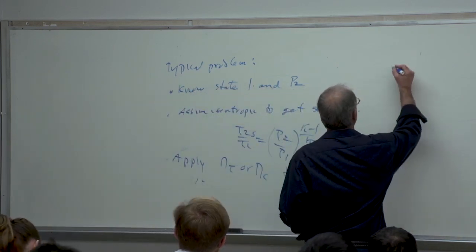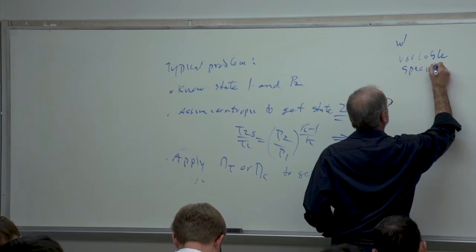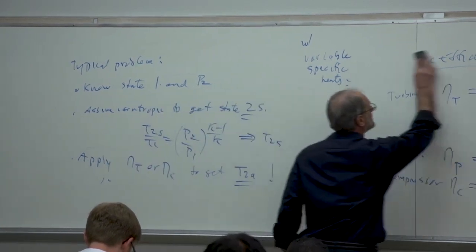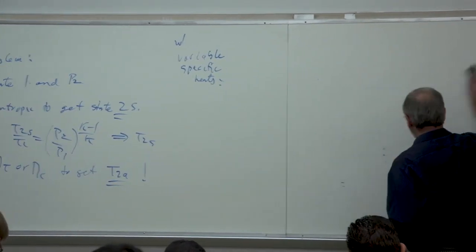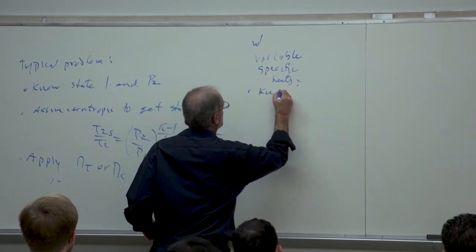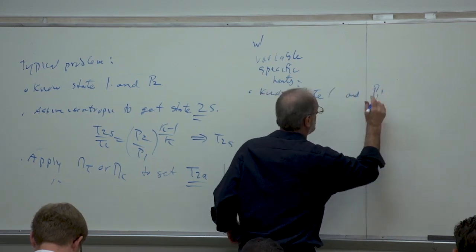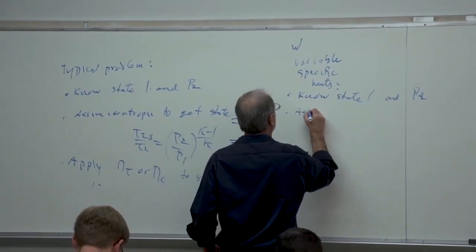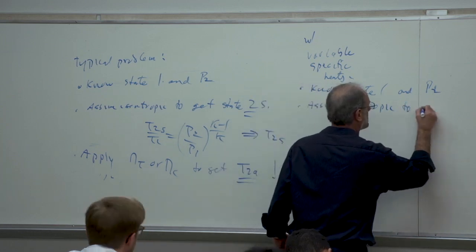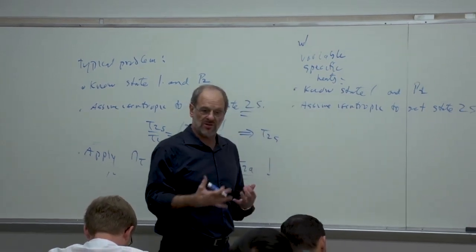So if it happened to be variable specific heats, in this particular case, instead of this step, again, we're going to know state 1 and P1, we're still going to assume isentropic in order to get state 2s, but we're not using the equation, we're now using relative pressure.